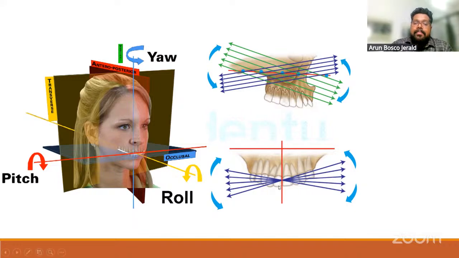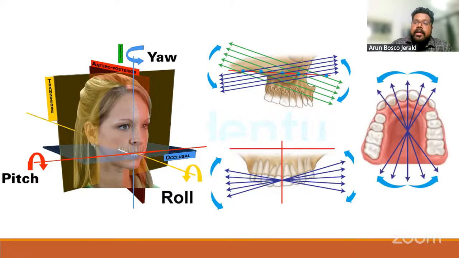Roll is something that happens in an antero-posterior axis and in a coronal plane. So upward and downward rotations happening in the coronal plane and antero-posterior axis are called roll. Then coming to yaw. Yaw is again a rotation, but it happens in a vertical axis. The axis is truly vertical.